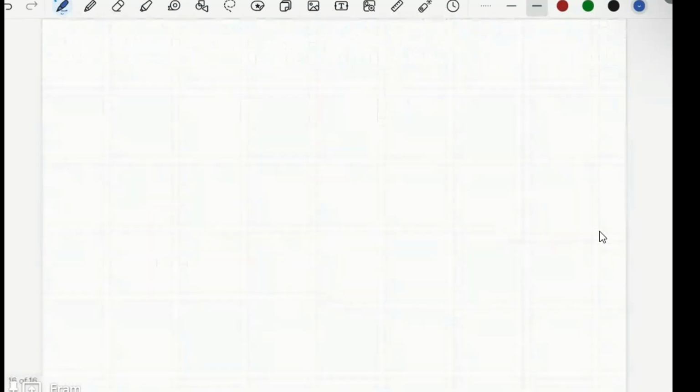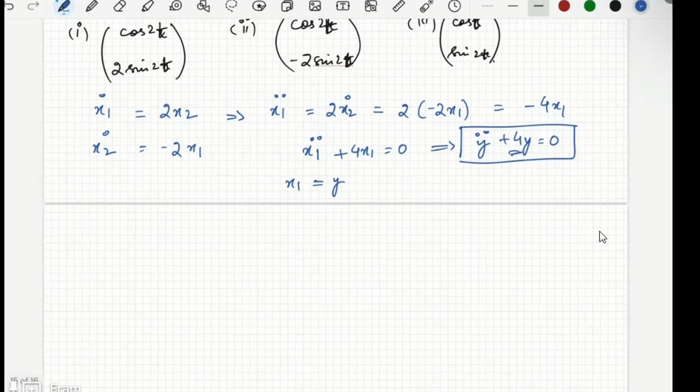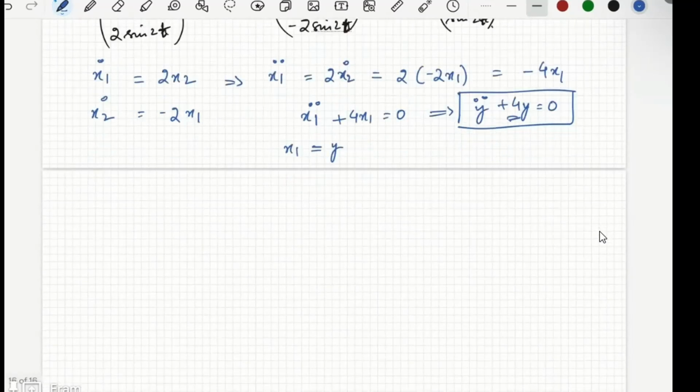We have the natural frequency squared as 4. You can also verify that by transforming it into polar coordinates, then finding the eigenvalue, and then finding its solution.